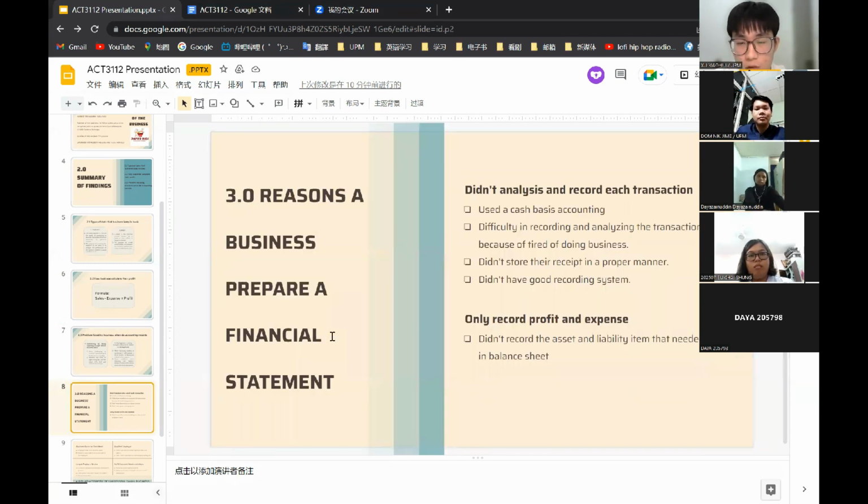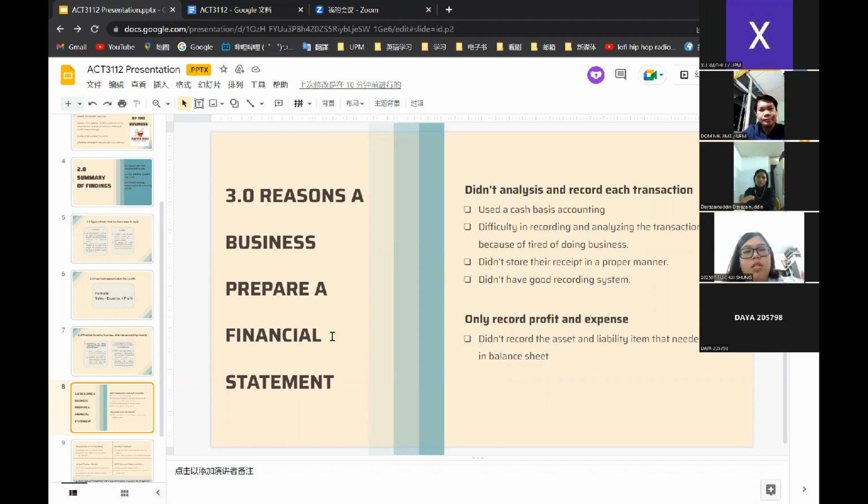Hello everyone, I'm going to introduce how the business prepares a financial statement. In order to prepare a financial statement correctly, a business accountant should follow the accounting cycle. This business has used cash basis accounting, in which they record revenue and expenses when cash is received or paid.